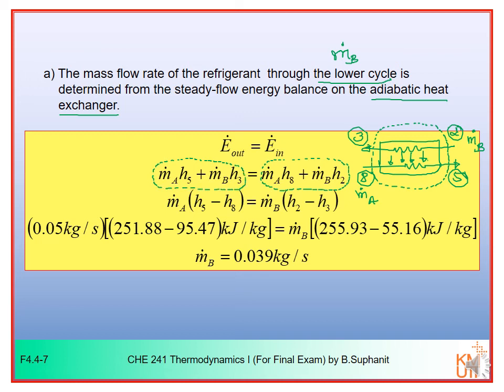Now you can rearrange this equation and then substitute the values that you already know. You already know MA, you already know the enthalpy at every point, H5, H8, H2, and H3. You can just simply determine MB dot. So this is the flow rate of the refrigerant in the lower cycle, or in cycle B. So this is the first answer.